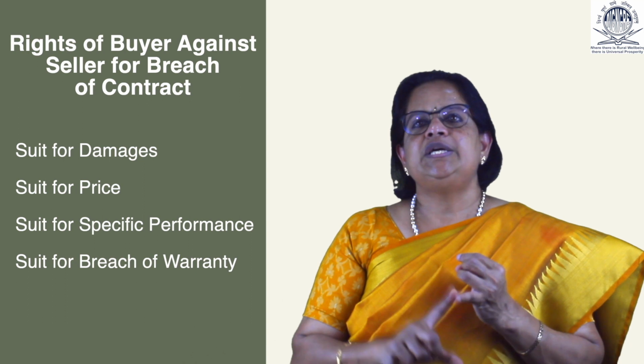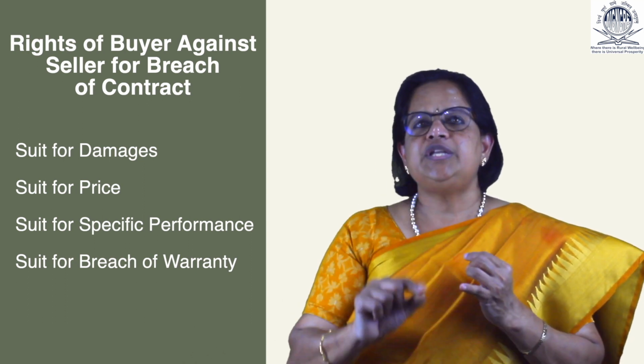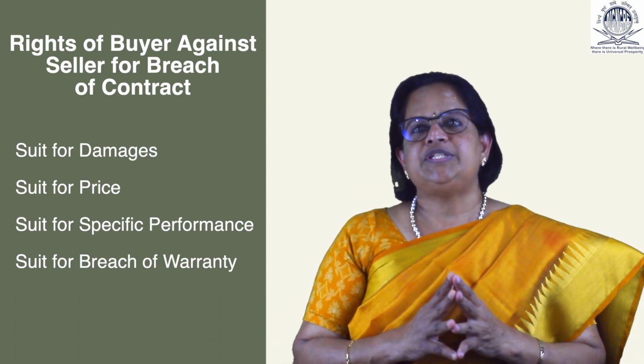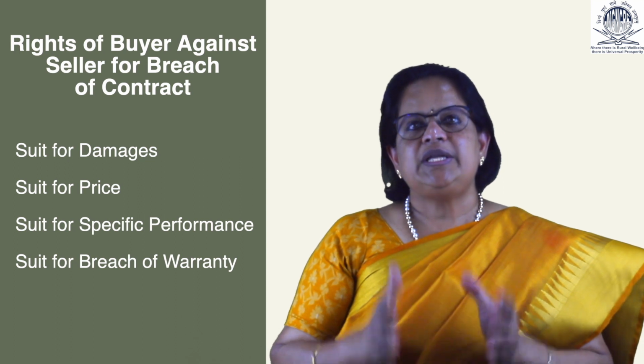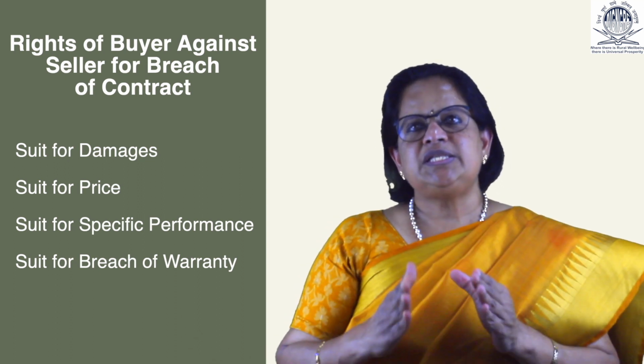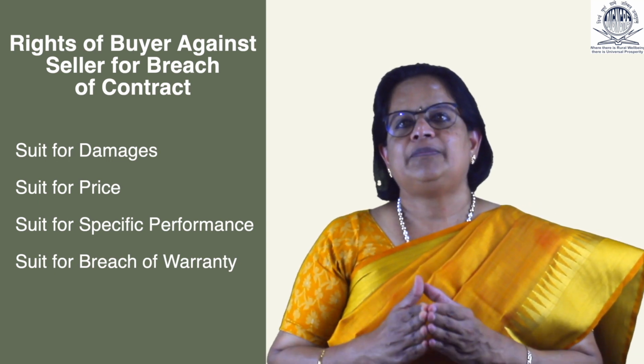It was held that William Brothers can recover damages from Mr. Agnes at the rate of Rs 70 per ton. How is this damage calculated? This damage is calculated as the difference between market price and contract price. That is Rs 230 per ton minus Rs 160 per ton.